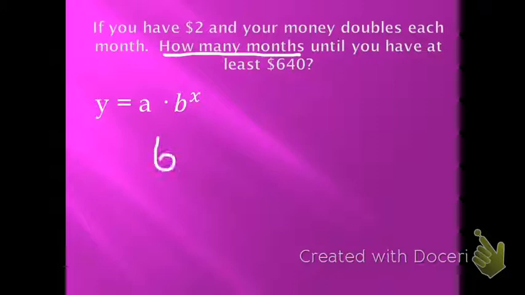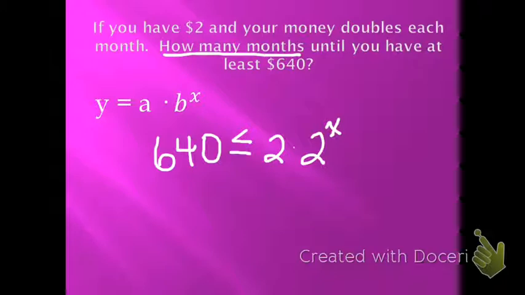So 640 is the total we're looking for. $2 is what I start with, and it's going to double. Now it gave me the words at least. And if you remember in our notes, at least means you're going to have whatever it is be greater than or equal to the total because you want more.